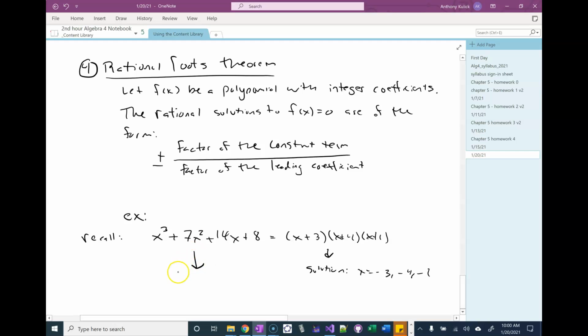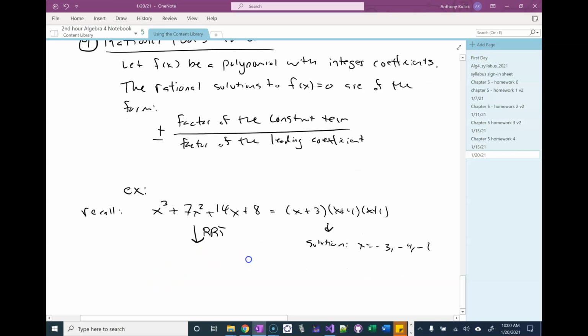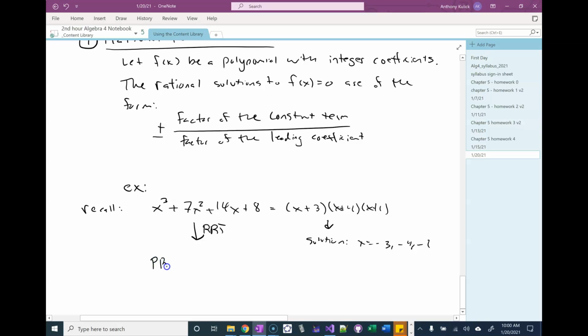So using the rational roots theorem, I can say the possible rational solutions for this polynomial involve the factors of the constant term, which is 8. The factors of 8 are 1, 2, 4, and 8. And the only factor of the leading coefficient, 1, is 1.